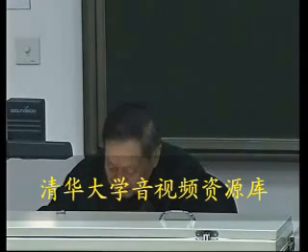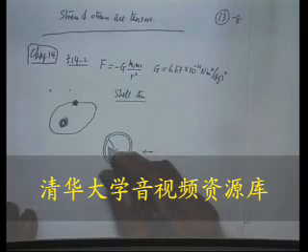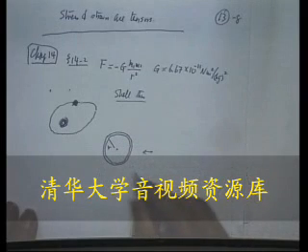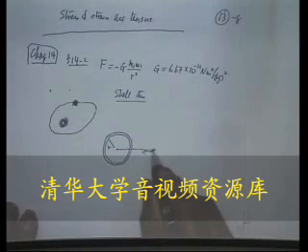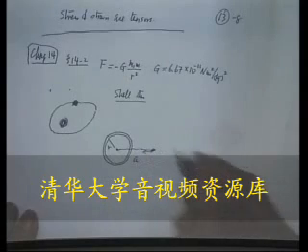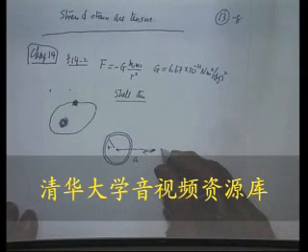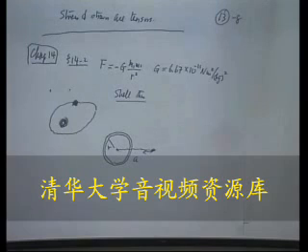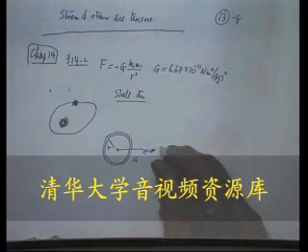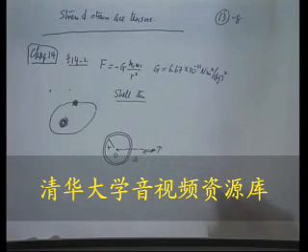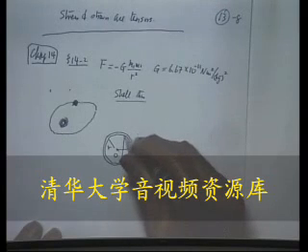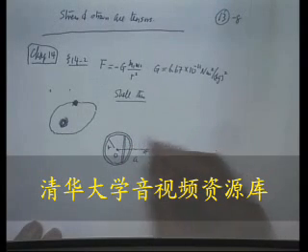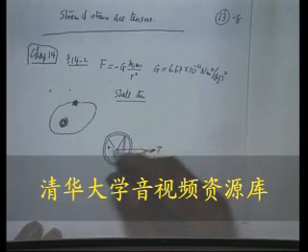Now let's try to prove that. Suppose this distance is r. This distance is a. A is the distance from the center, point O, to the point P. And let us now consider a ring at an angle theta.